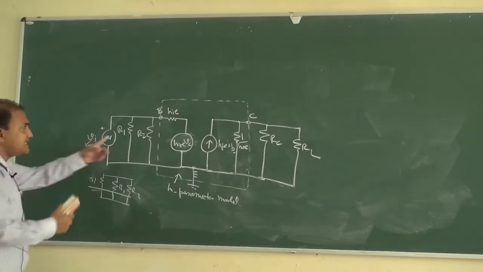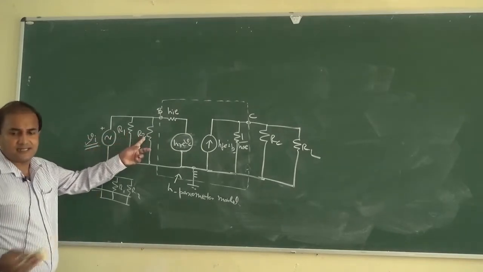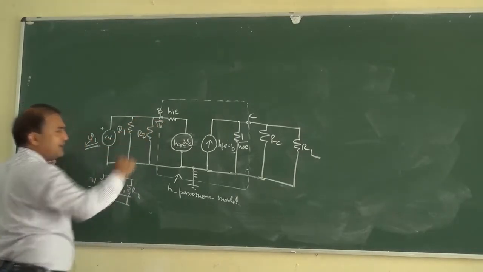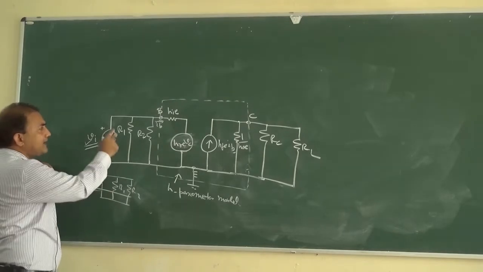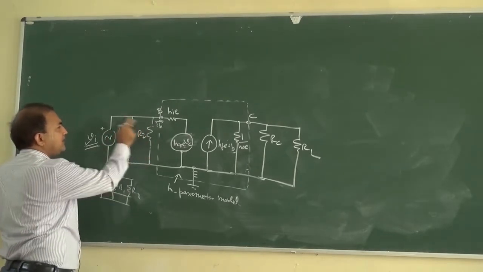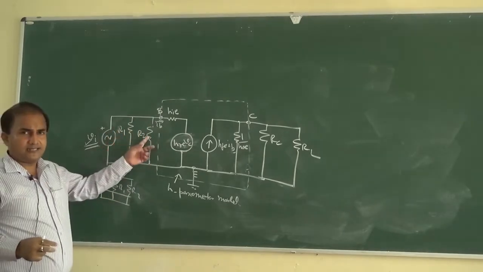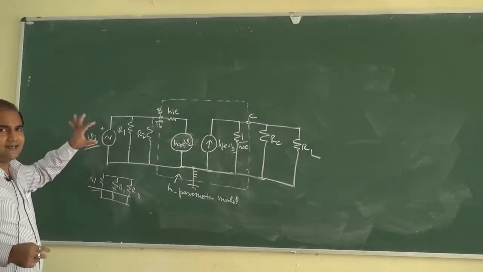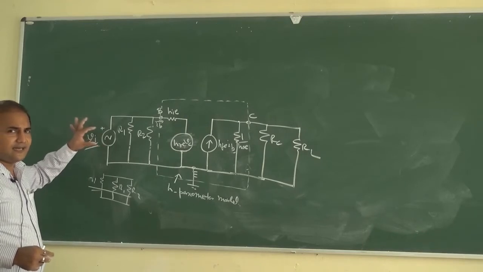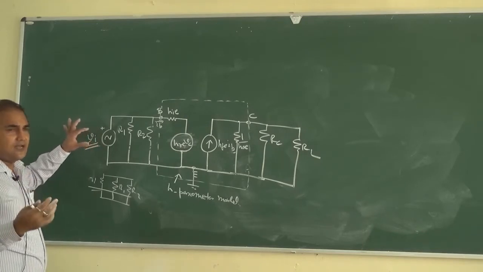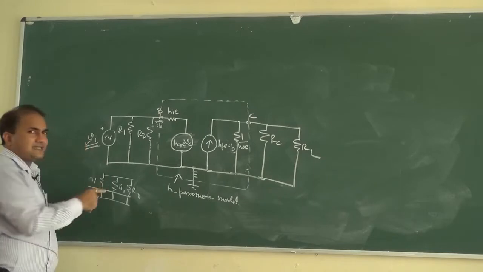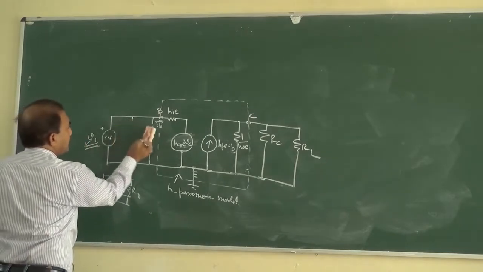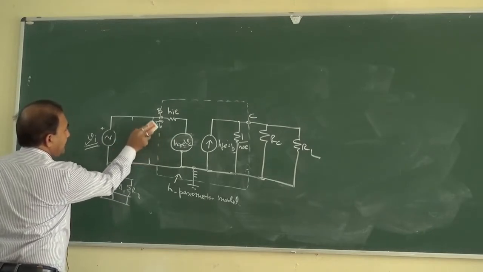So the presence or absence of these two resistors will not affect the current IB. So we can remove R1 and R2, because for an ideal voltage source its internal resistance is very small, for the ideal case 0.